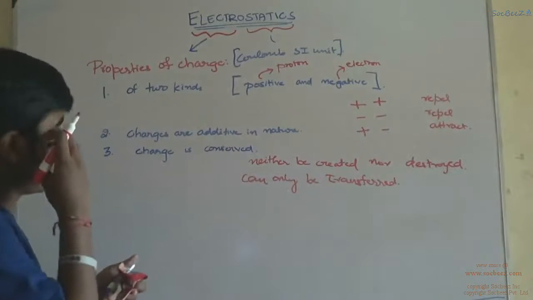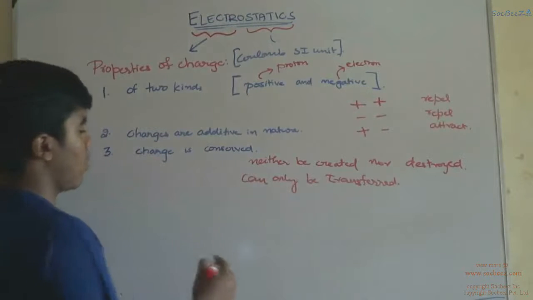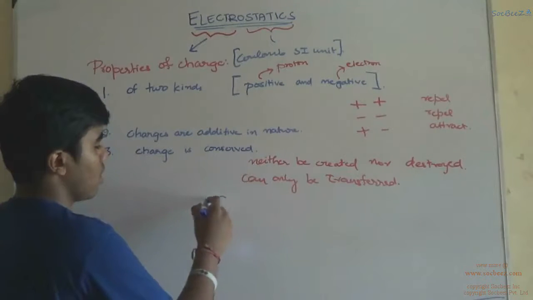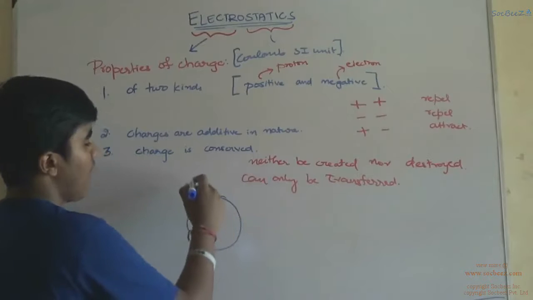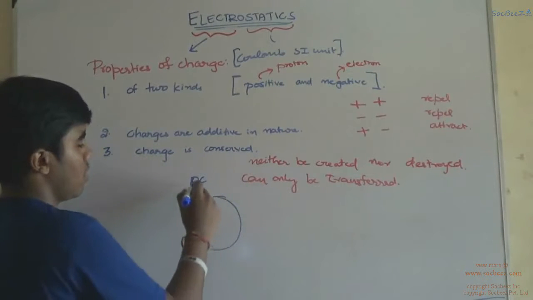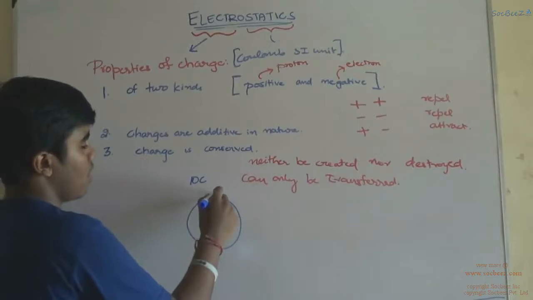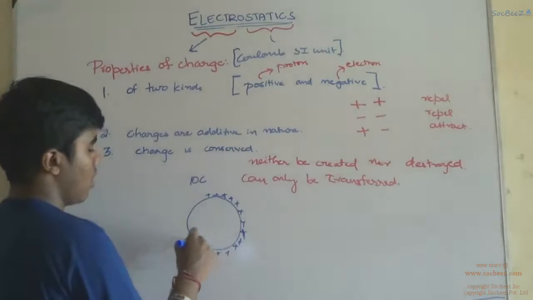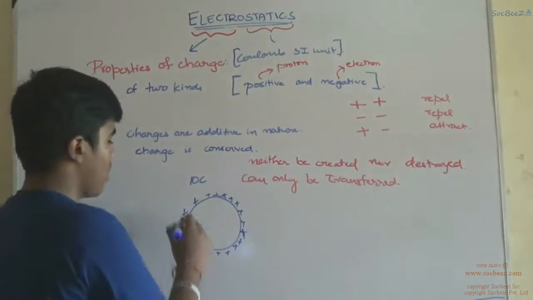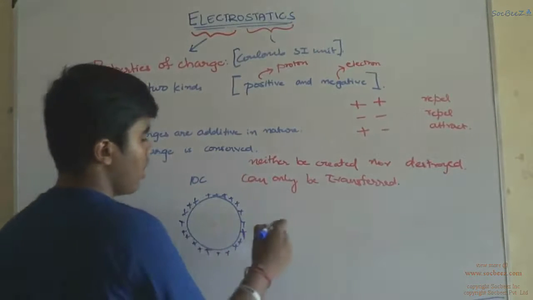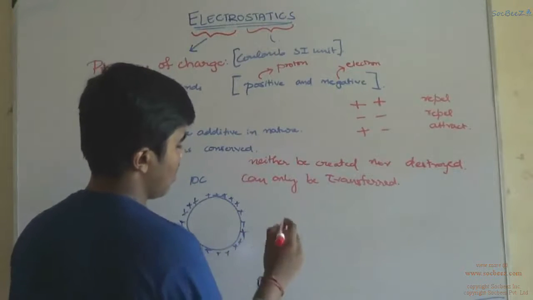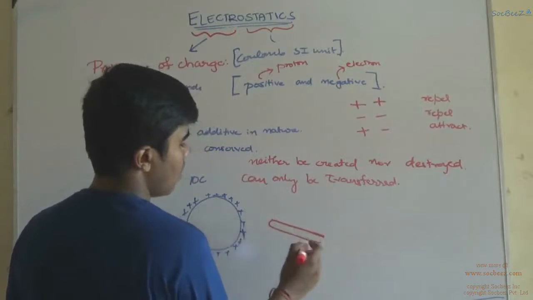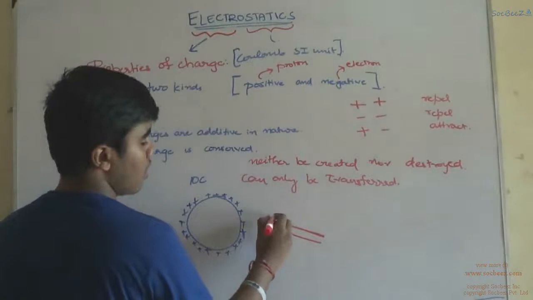So, say we consider a body that has 10 Coulomb of charge on it. Say I bring a rod of negative charge here.